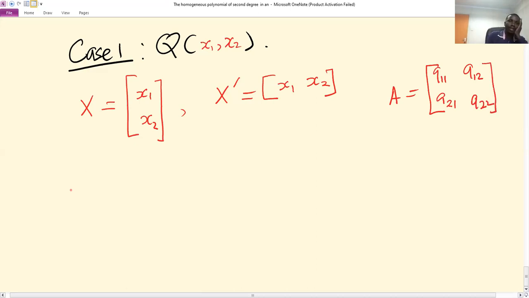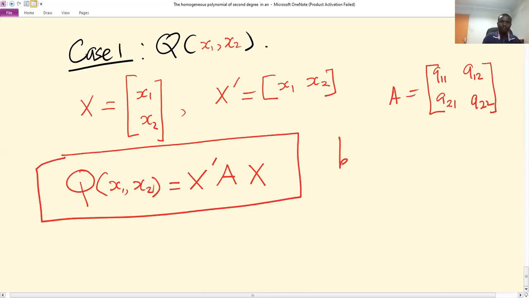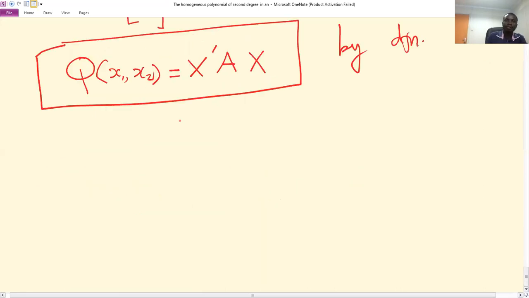Now, by definition, any quadratic form, so Q of x1, x2, is given by X prime A X. That's by definition. So let's put in our values.